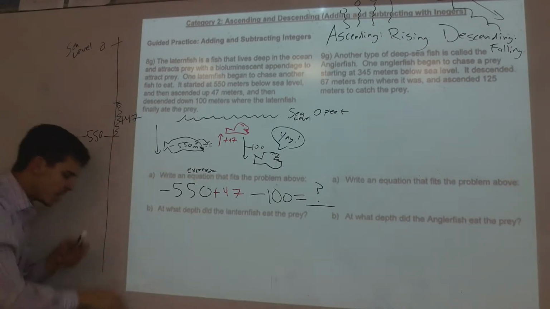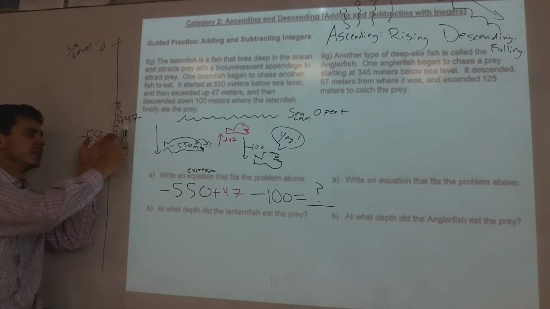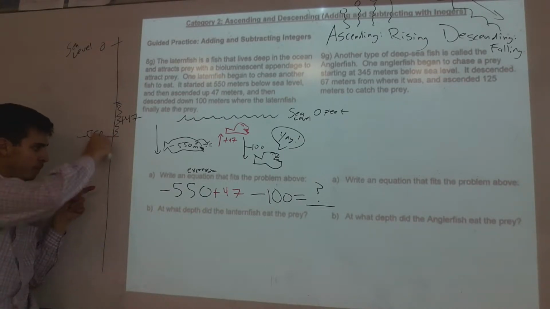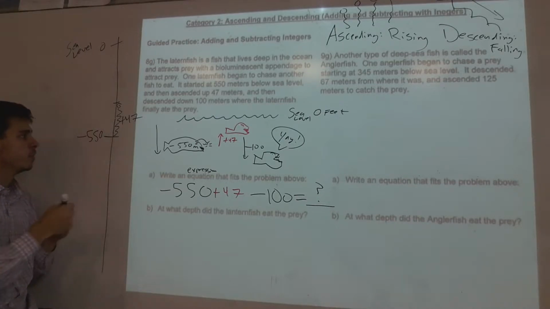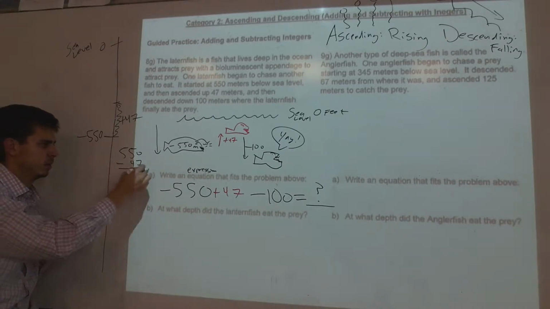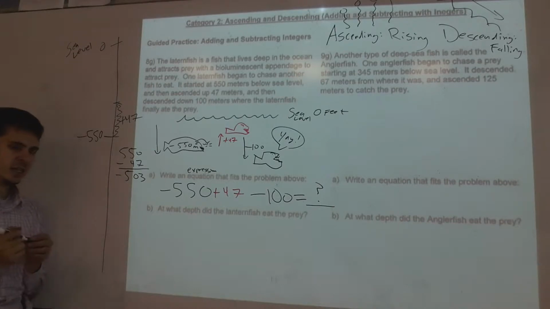So I know I'm going to go 47 in some direction. So we can try to add more negative down, or go up. So what I do is I do 550 and I subtract 47, which gives me 503, and I attach the negative onto it. How can I explain that the best way?